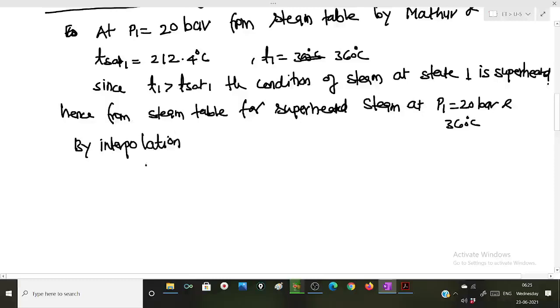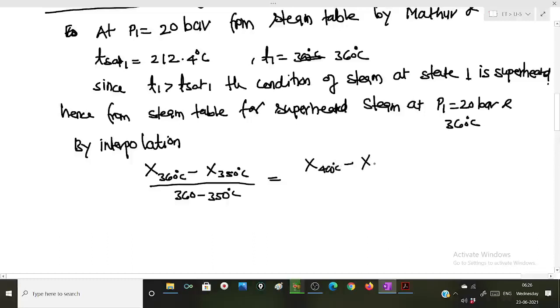So from the formula of interpolation, any unknown property at 360 degrees Celsius minus the property at the lower temperature, over the difference of these two temperatures, is equal to the value at 400 degrees Celsius minus the value corresponding to 350 degrees Celsius, over the temperature difference.